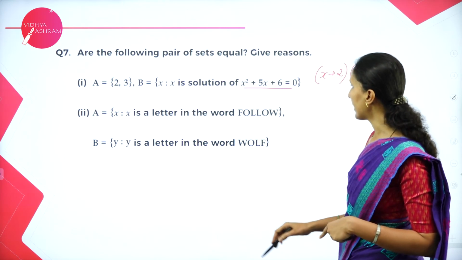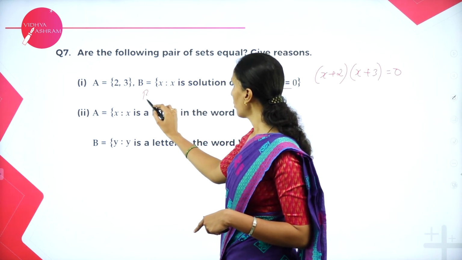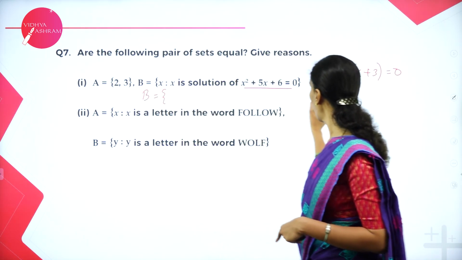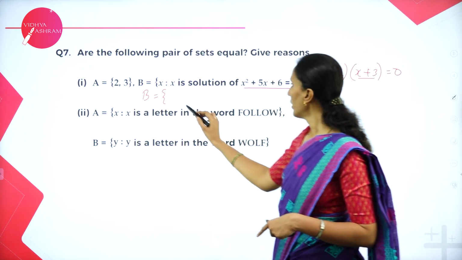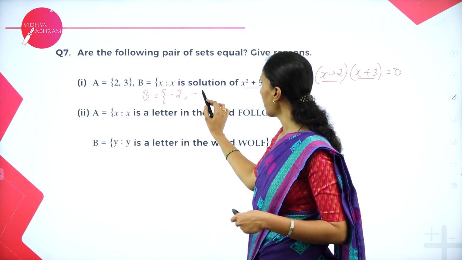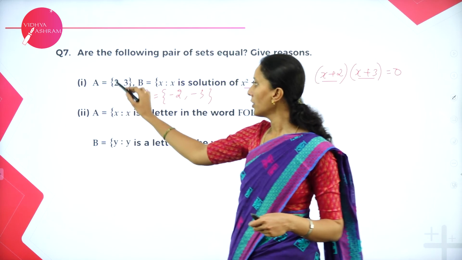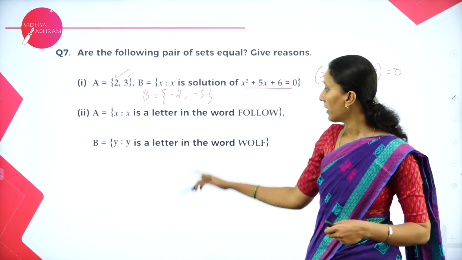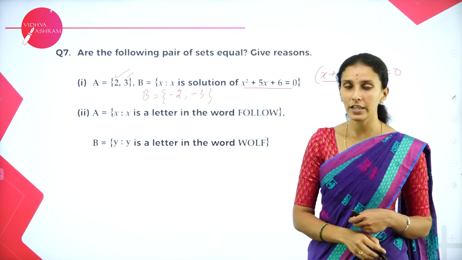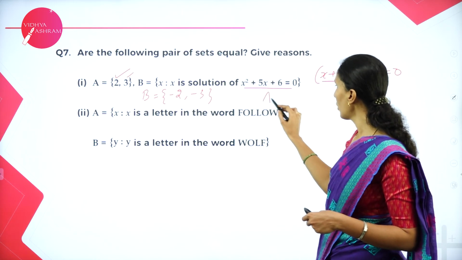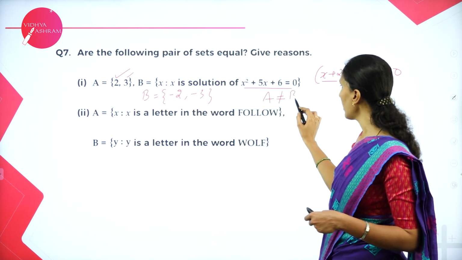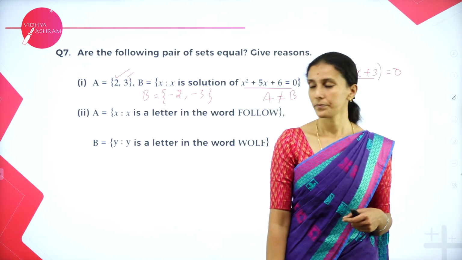So when you equate this to 0, you will get the solution B as minus 2 and minus 3. Here you have plus 2, plus 3, but here you have minus 2, minus 3. So therefore, what I can conclude, A is not equal to B.